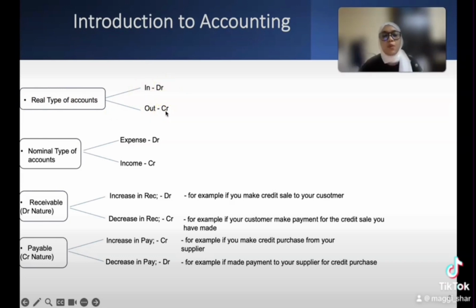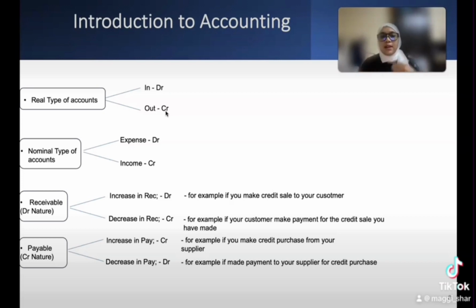So what is in and what is out? I will tell you one example. For example, we are going to buy one car in cash. The financial transaction is we bought a car in cash.